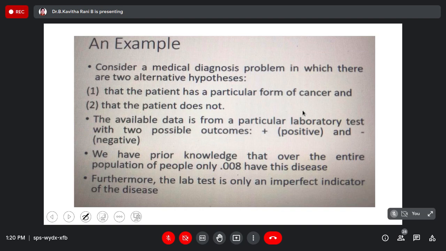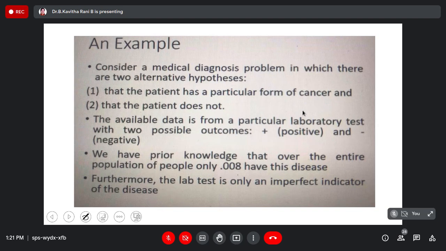Here we have prior knowledge that over the entire population of people, only 0.008 have this disease. So we have some knowledge about the data. In the total population, only 8 out of 1000 people will have cancer.